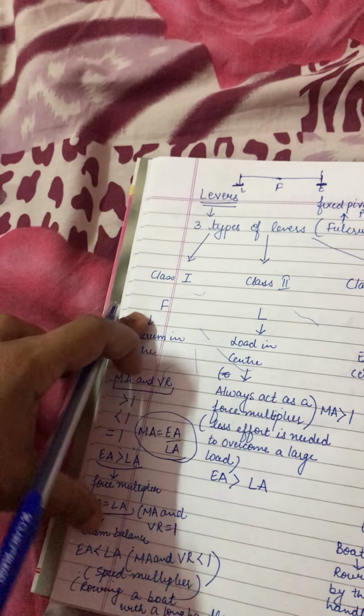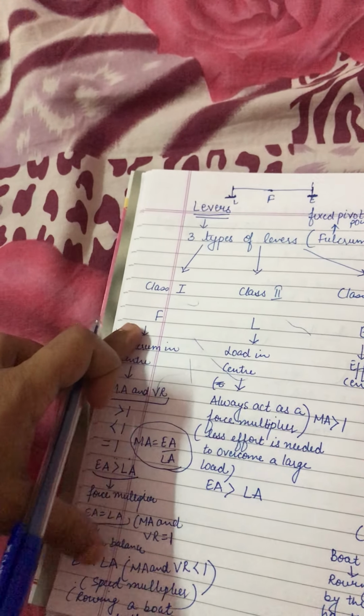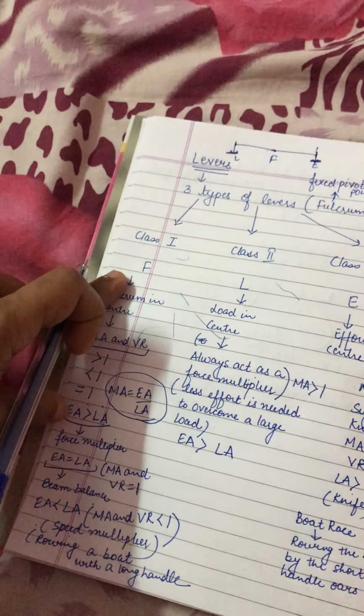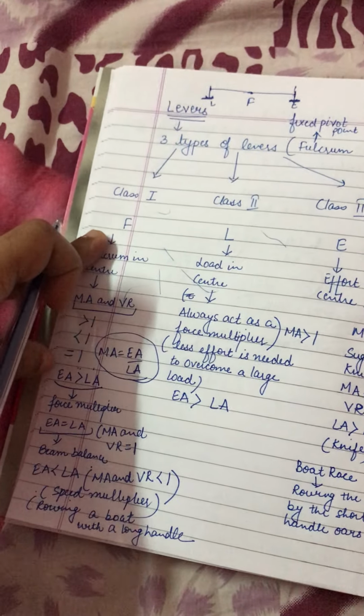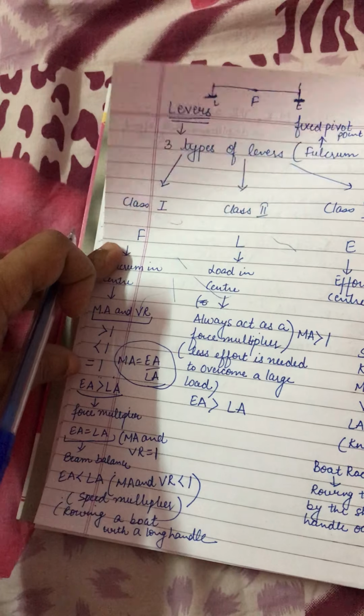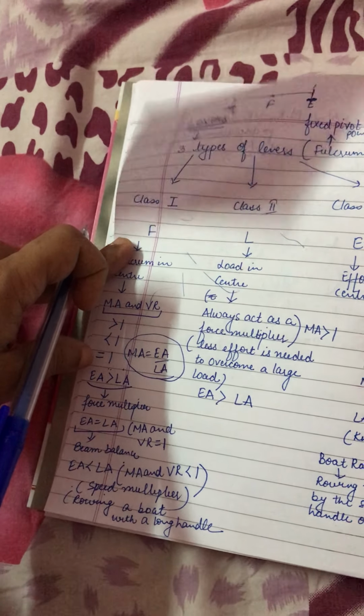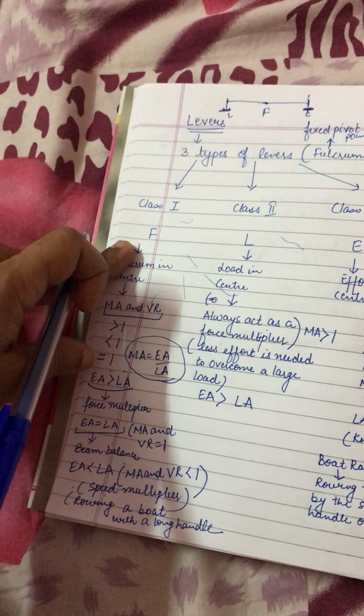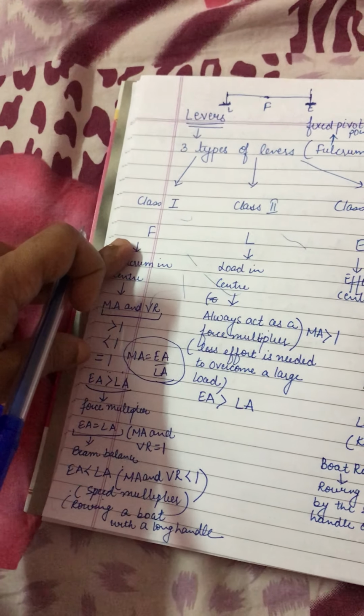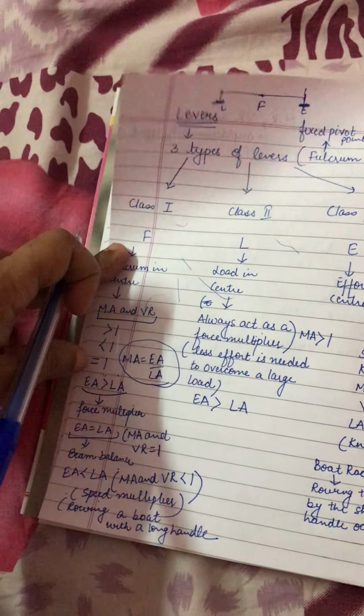If equal to 1, example here is beam balance. And if it's less than 1, it is a speed multiplier. Lots of examples are given in your book, that is catapult for speed multiplier, scissors. Different examples are given, just go through those examples once.